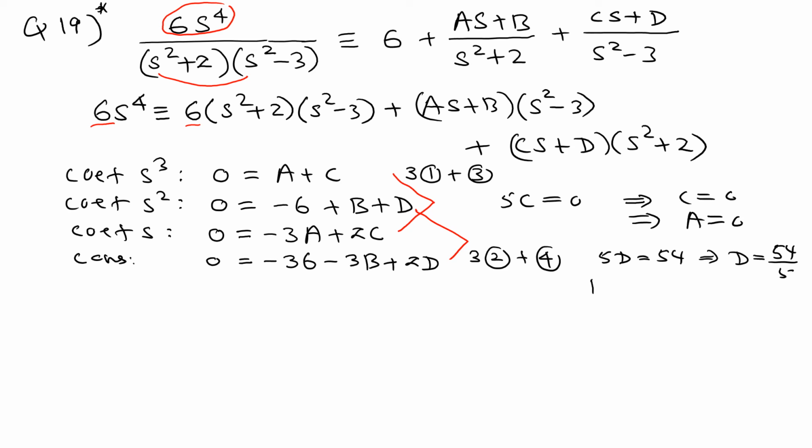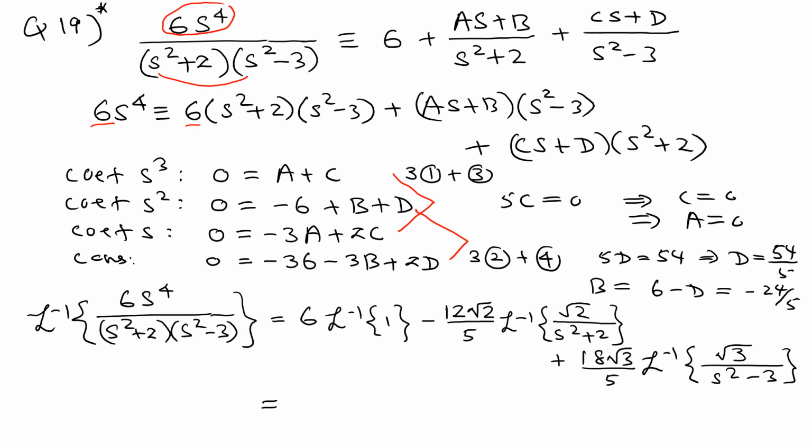So b equals 6 minus d, and if you simplify you're gonna get negative 24/5. Okay, so that's gonna give you all the a, b, c, d values, and then we can plug them in and we get this. And then after you plug in, this is what you get.